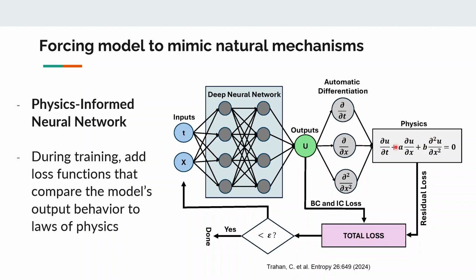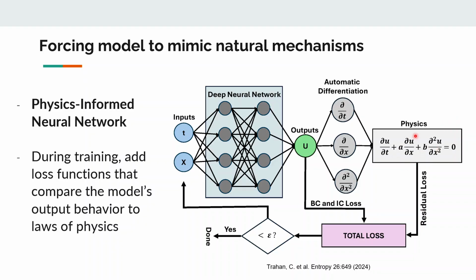And if we know some physical principles of the system, we have some constraint, something must be conserved. So whatever the model learns, this output u, if we take the derivative with respect to time, with respect to x twice, the second derivative, these might have to sum to 0 because we know some property of the system.